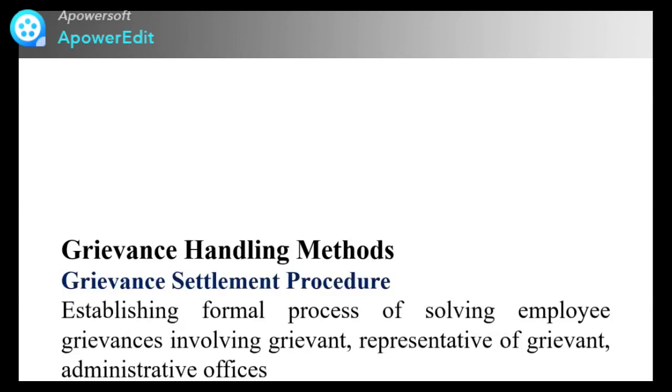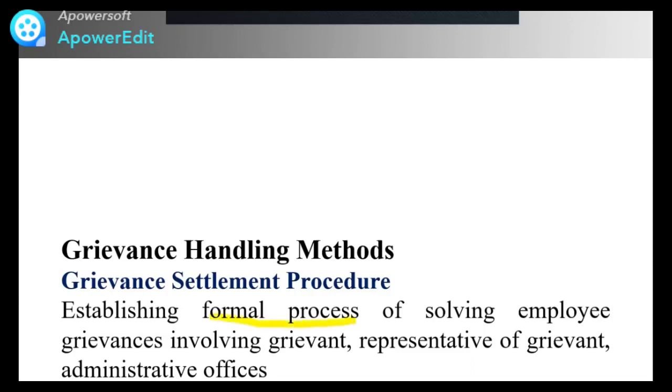Then the last one, grievance settlement procedures. This is the formal settlement procedure that can be used by the company to solve employee grievances. The grievance settlement procedure means establishing a formal process for the purpose of solving employee grievances. How?